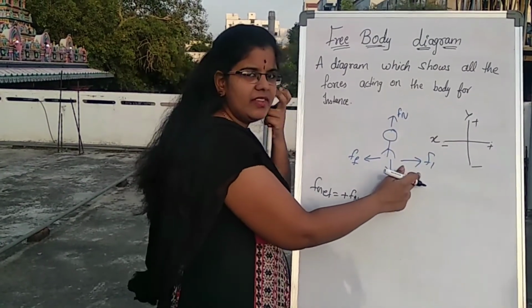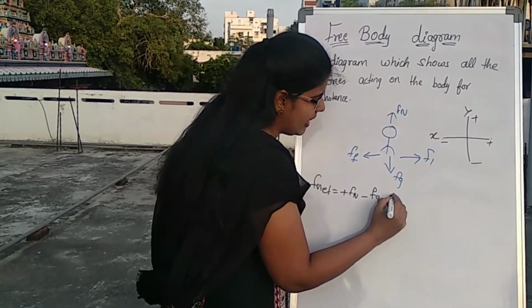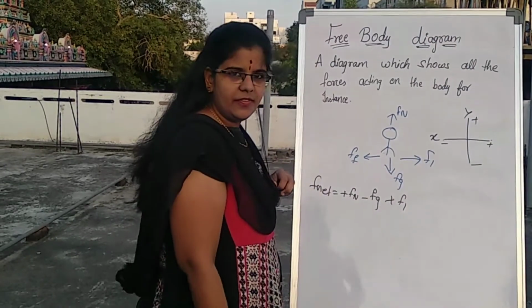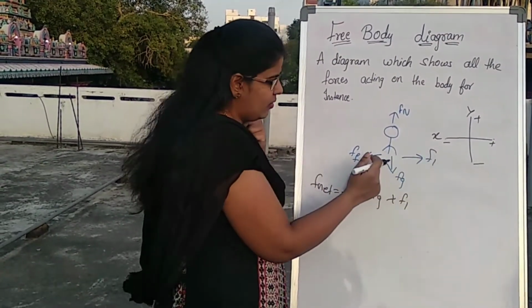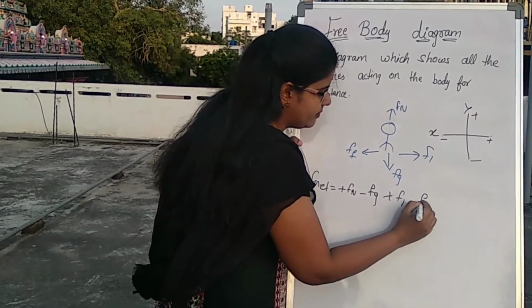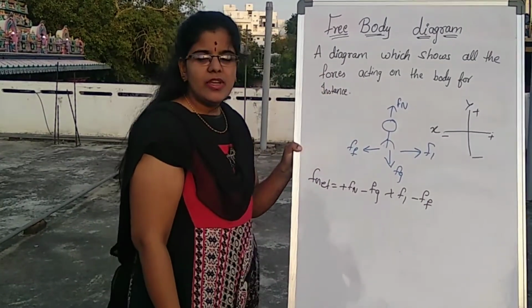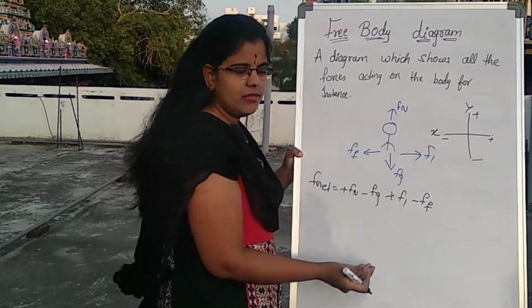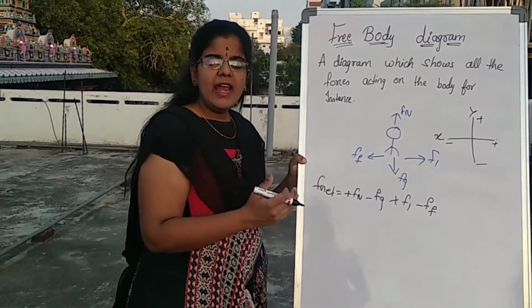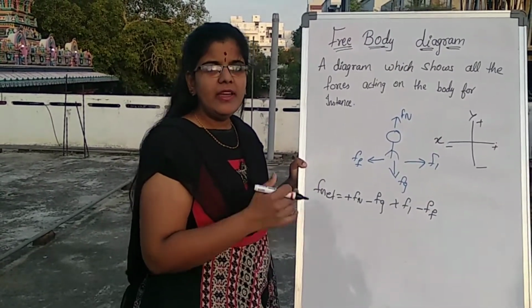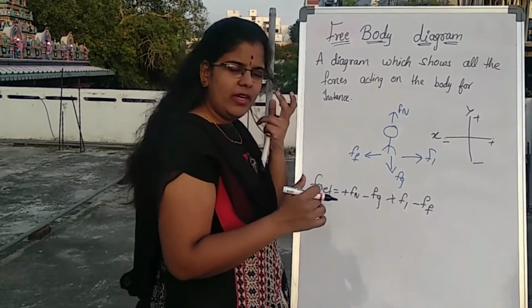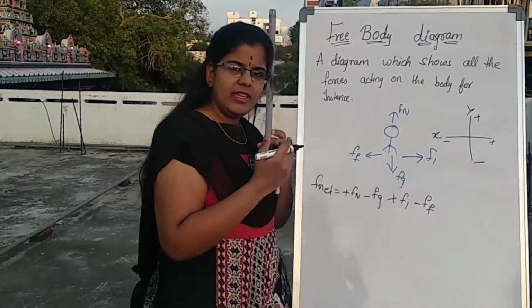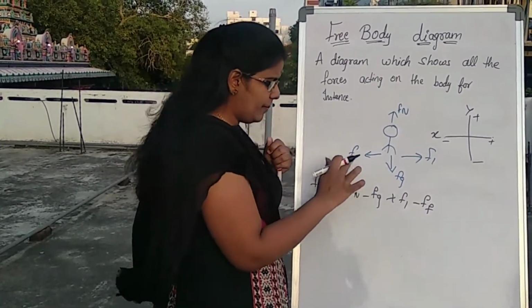F1 is in the positive direction, so plus F1, and minus Ff. So by taking all these values and signs, you can calculate the net force acting on my body. Then what did I do again? I was moving in the other direction. So what happens here?